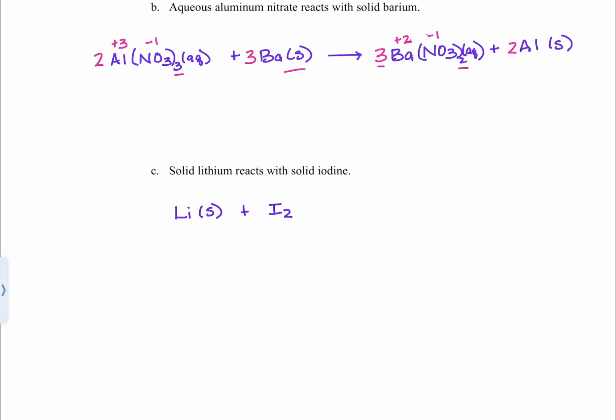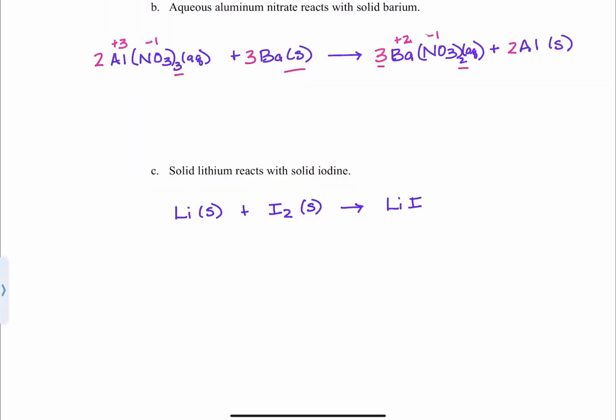We would never find an individual iodine by itself. So that's another important reason that you know what your diatomic molecules are. So we have our diatomic iodine right there as a solid per what the reaction says. And this is a combination reaction, so we're just going to combine them to lithium iodide.